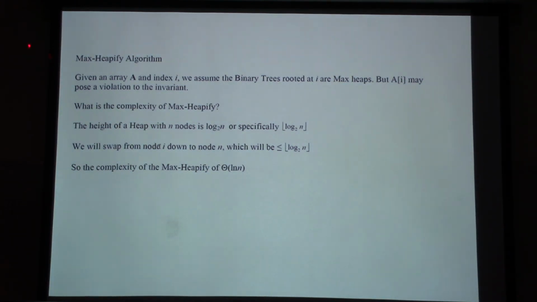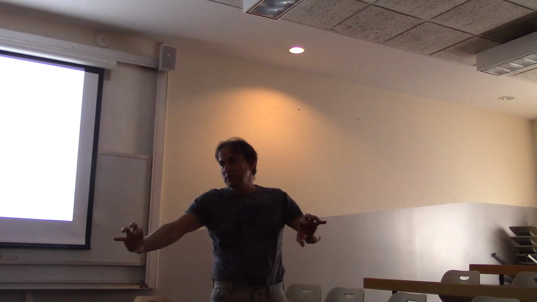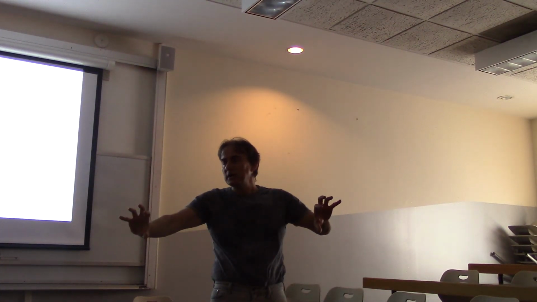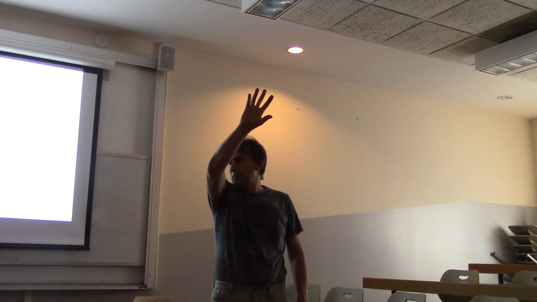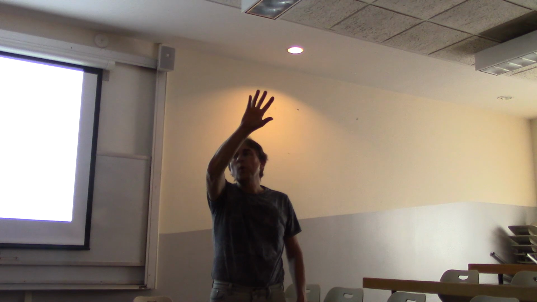So given an array A and index I, we assume binary trees rooted at I are max heaps. So we're going to assume that we have a root, and this root has a subtree, and then another subtree. These subtrees are heaps, max heaps, but the root possibly is a violation. And we already know what we're going to do.